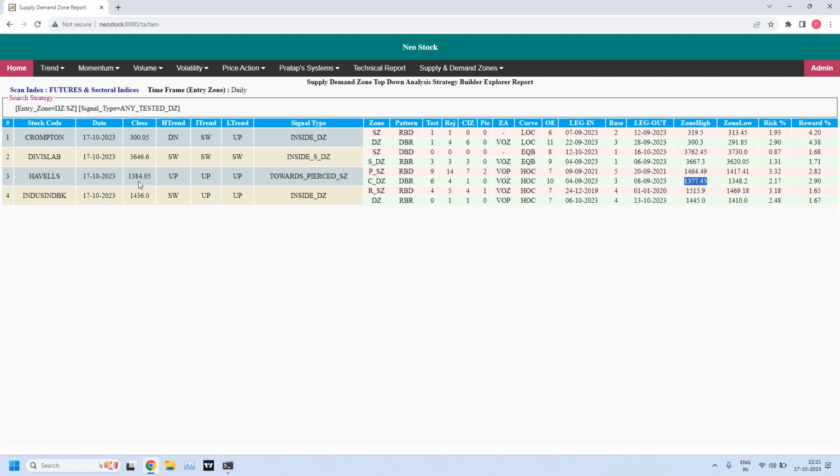Maybe 7 rupees it moved after testing this zone. Definitely it's not an intraday entry. We don't know, because we have to look into the 75 minutes and analyze. We can't comment just by seeing these numbers.